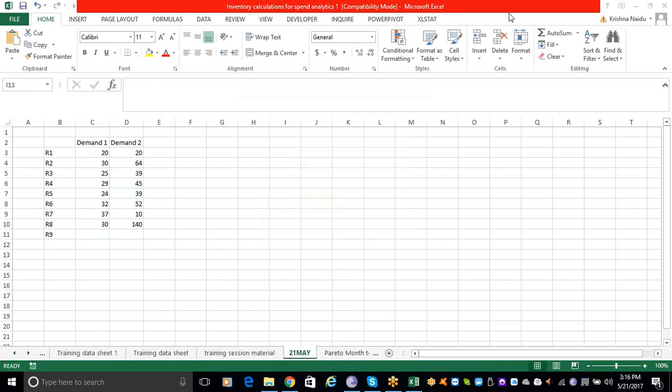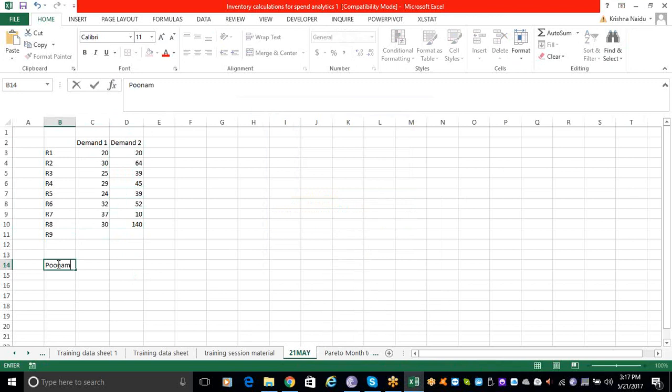Demand two. Demand two is easier to predict. And why? First it increased, then decreased, and increased and decreased like that. Okay, so you are saying the quantity went up and down. Very good, you are trying to attempt.